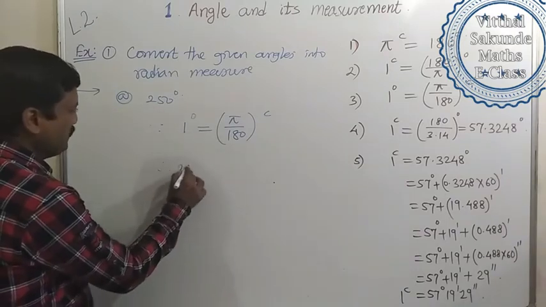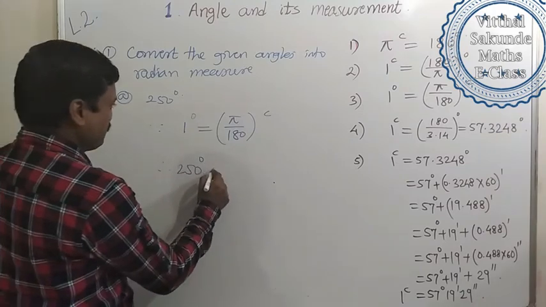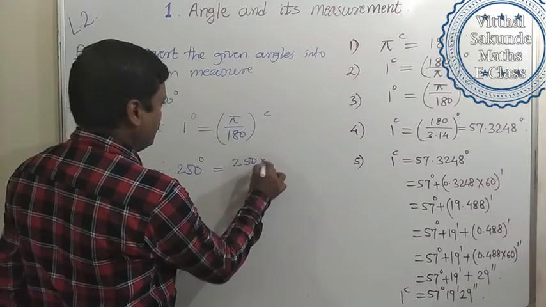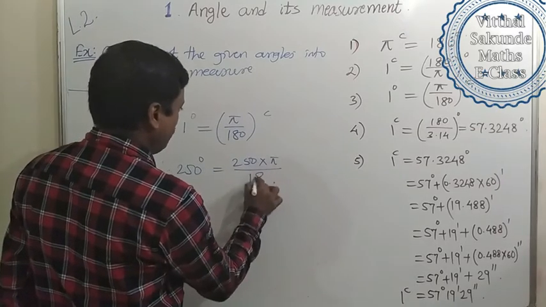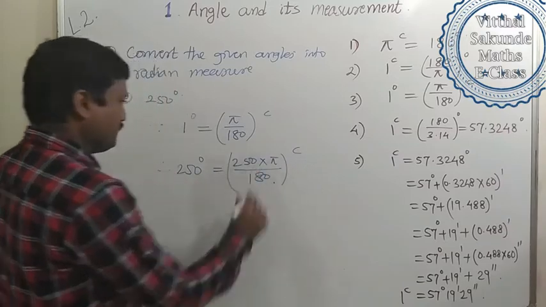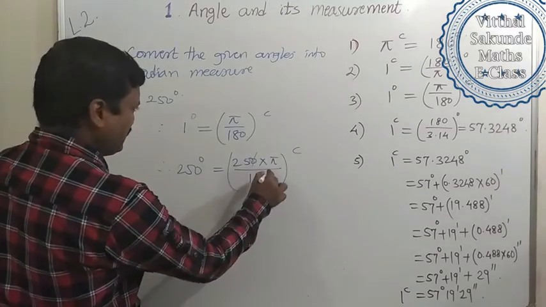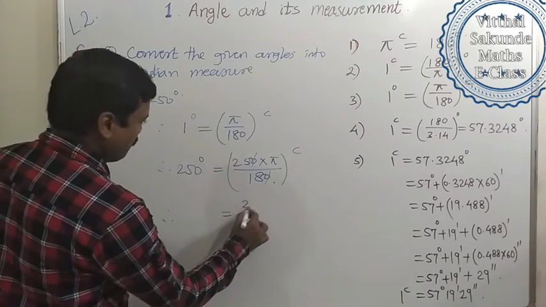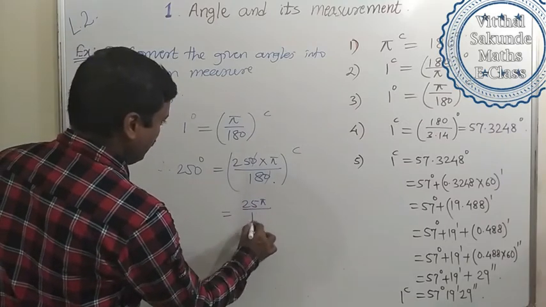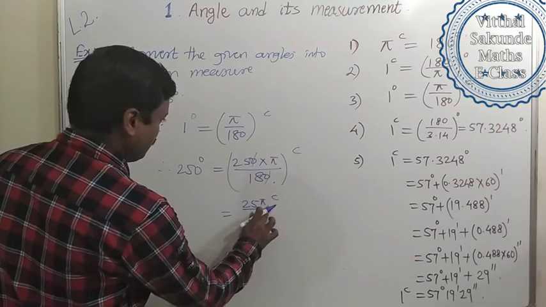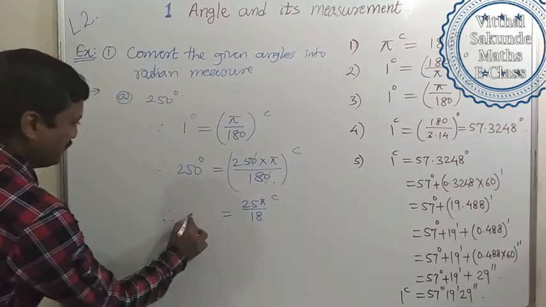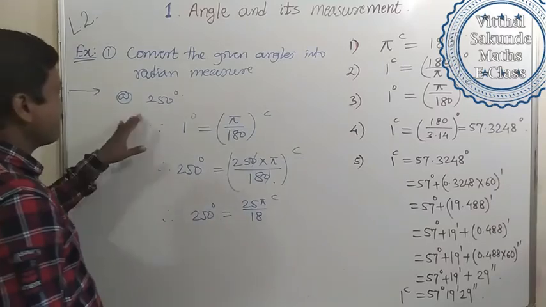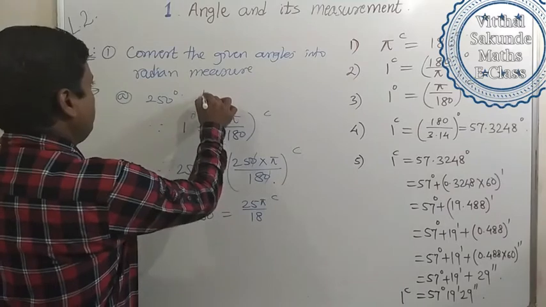So we get 250 degree equal to 250 into pi by 180 radian. It's very simple. So this 0 will get cancelled. These are even and odd numbers. So we get it is equal to 25 pi by 18 radian. It's very simple. So 250 degree is equal to this much. Is it okay? Let us see another one.